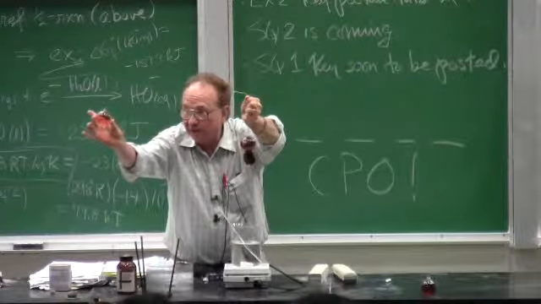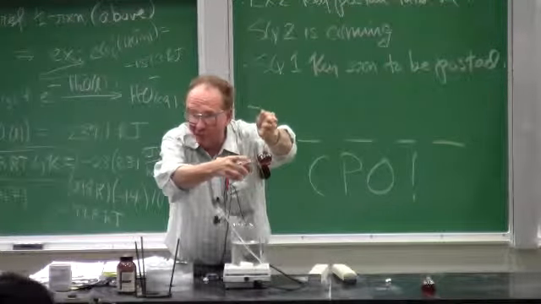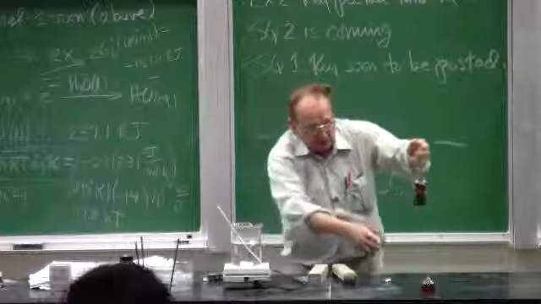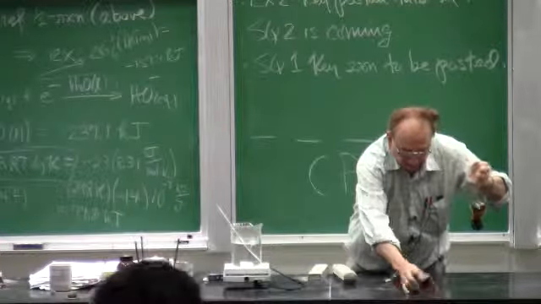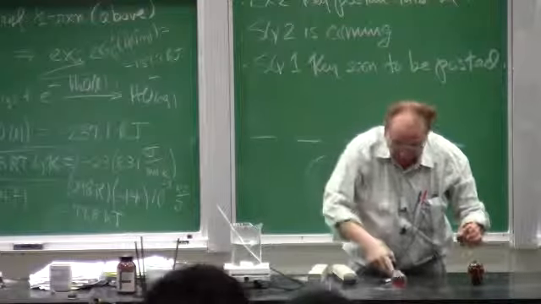Here's the cold one, much more colorless. Here's the hot one, much more brown, because in this one, the N2O4 concentration is a good deal higher than it is in this one. And in this one, room temperature, the N2O4 concentration is higher than it is in here, but in here the N2O4 concentration, the colorless stuff, is lower than it is in here.